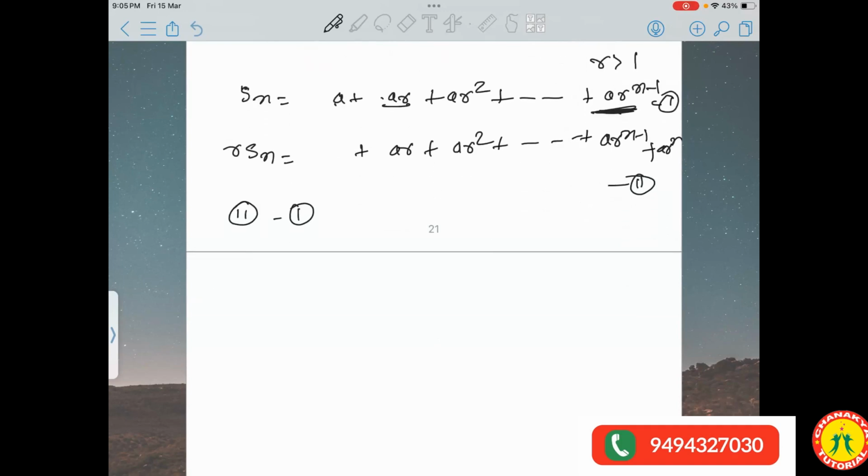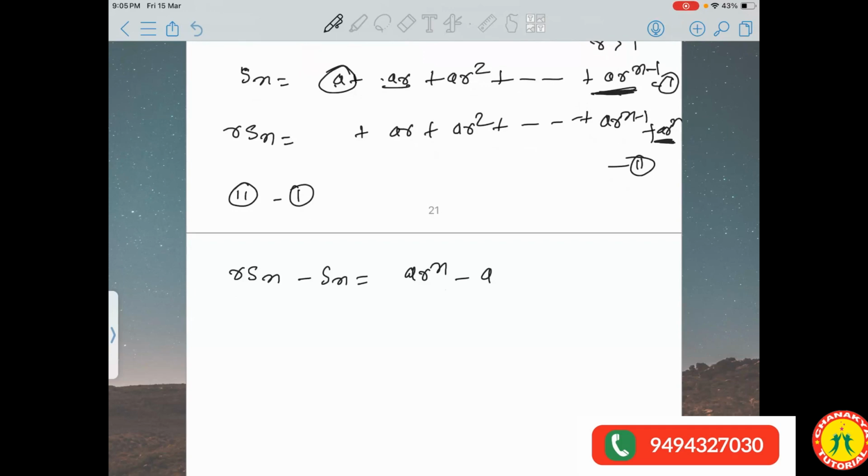If you subtract, the right-hand side minus Sn, every term is cancelled out. Only left is this term from here and this from here. So basically a r power n minus a on the right-hand side, every term is cancelled.